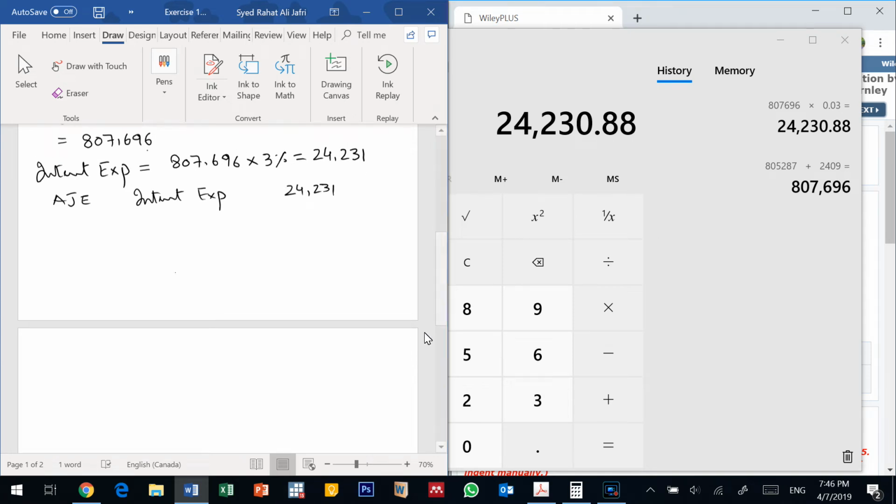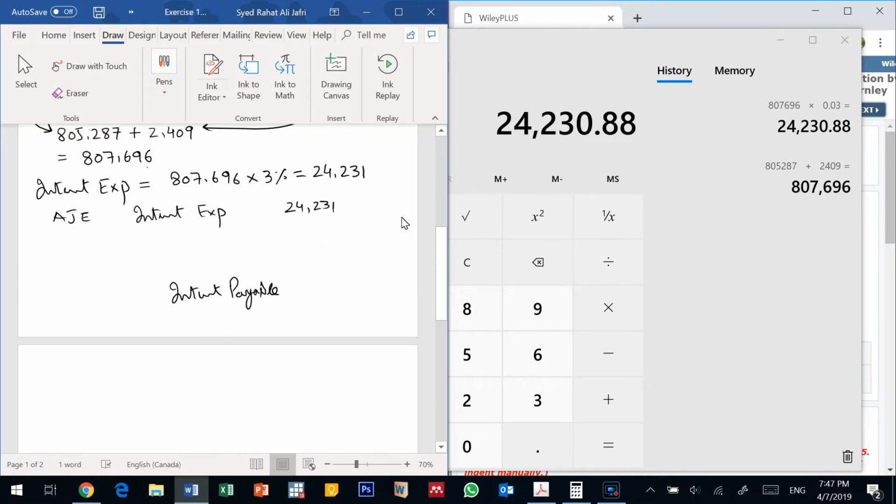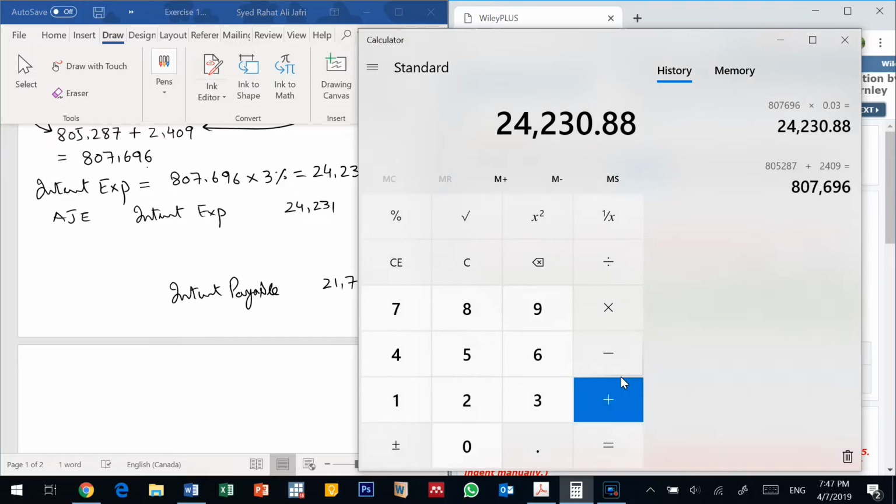So I would say interest payable here, which is the same amount, the coupon amount, coming from the face of my coupon, 21,750. This is the amount that I'm writing here, 21,750. This amount remains the same throughout the life of the bond, so we don't touch this.